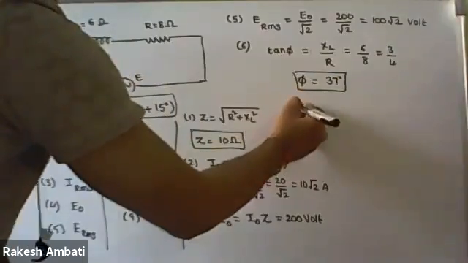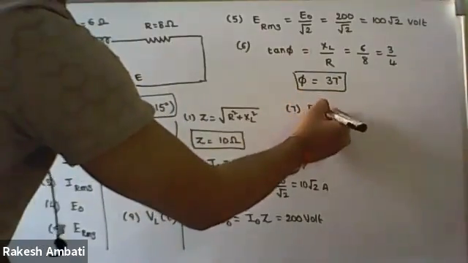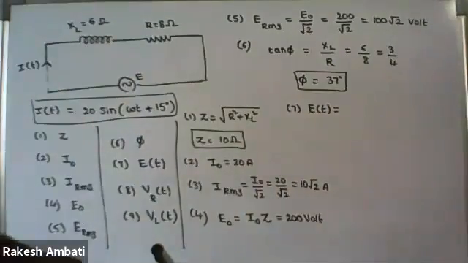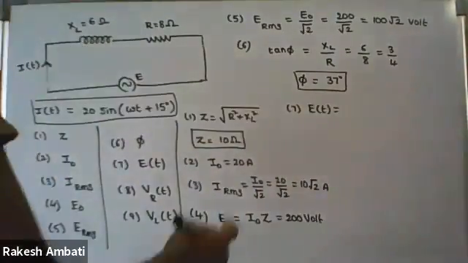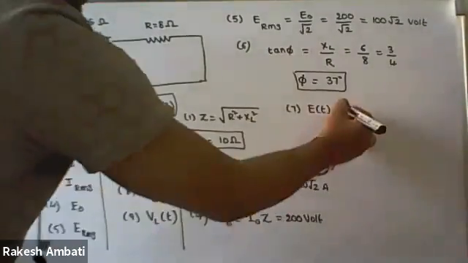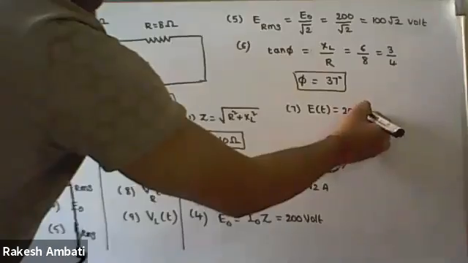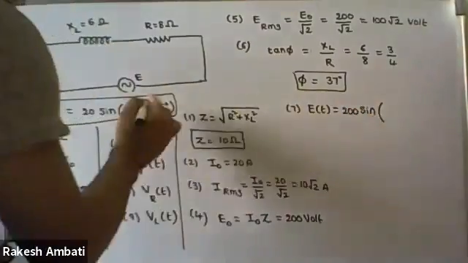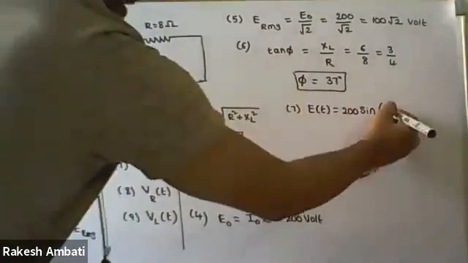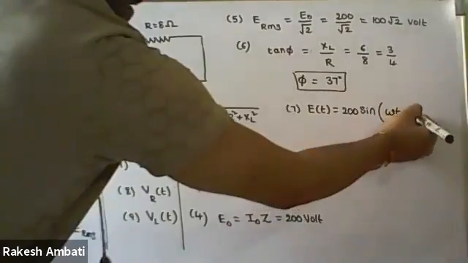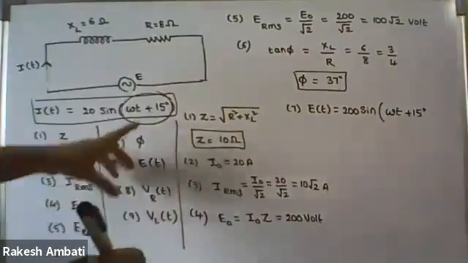Next, seventh question. We are finding EMF as a function of time. This EMF we write as E naught, which is 200, into sine function of omega t plus 15 degrees, with respect to current.